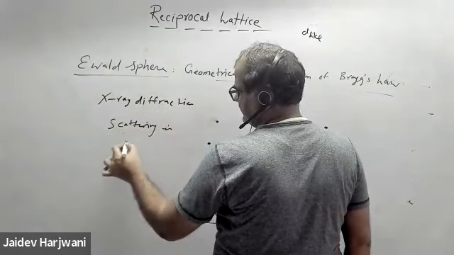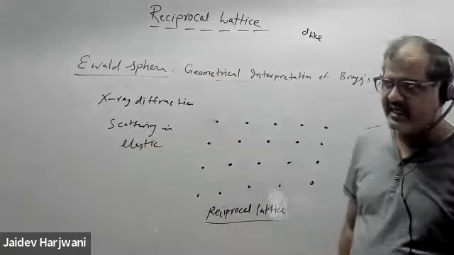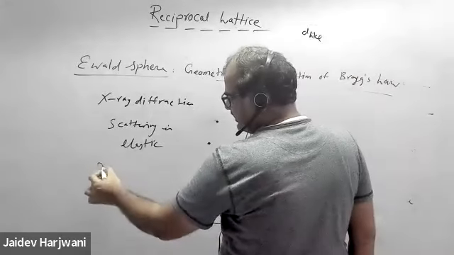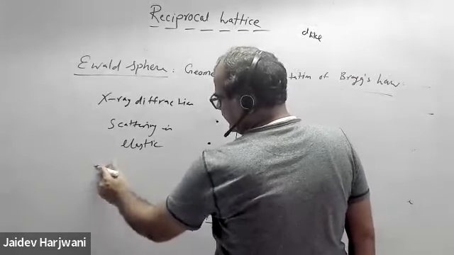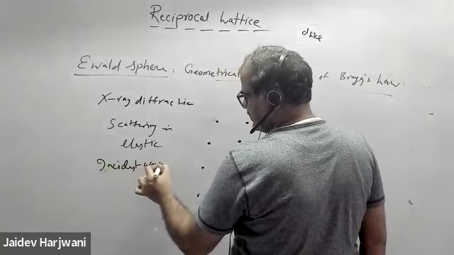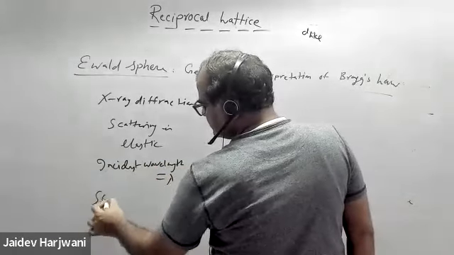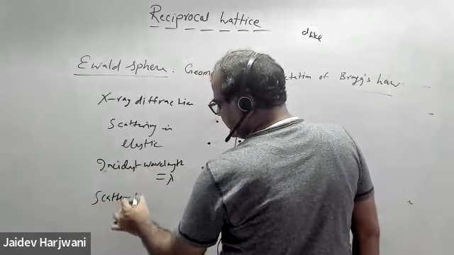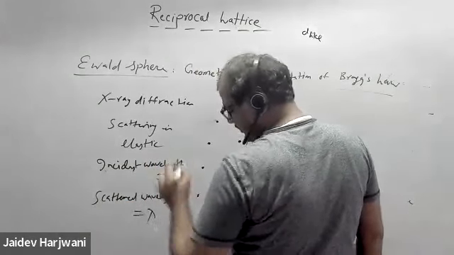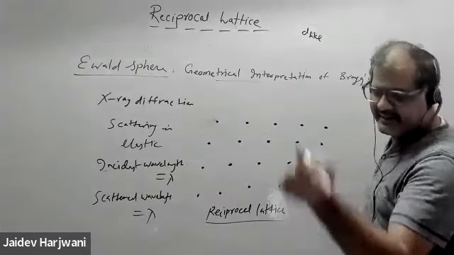Scattering is elastic means the energy of your incident wave will not be lost. If the incident wavelength is lambda, then the scattered wavelength will also be lambda, because lambda is related to energy, which will not change, so only the direction will change.